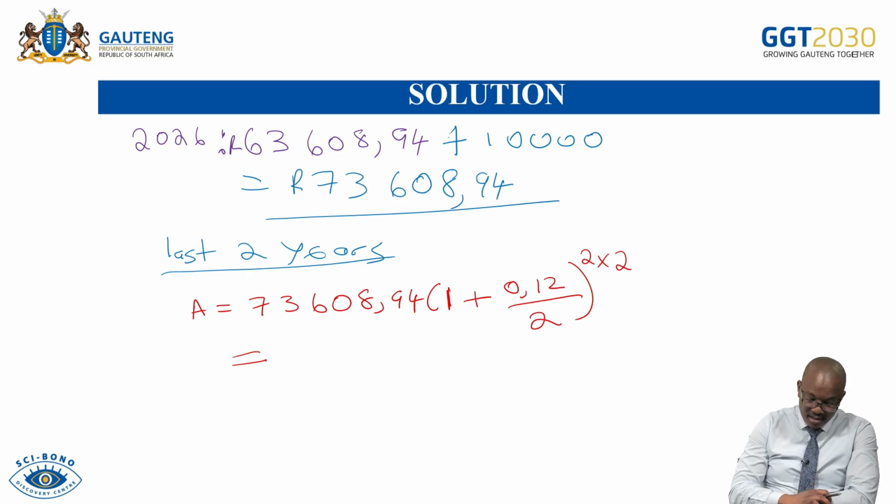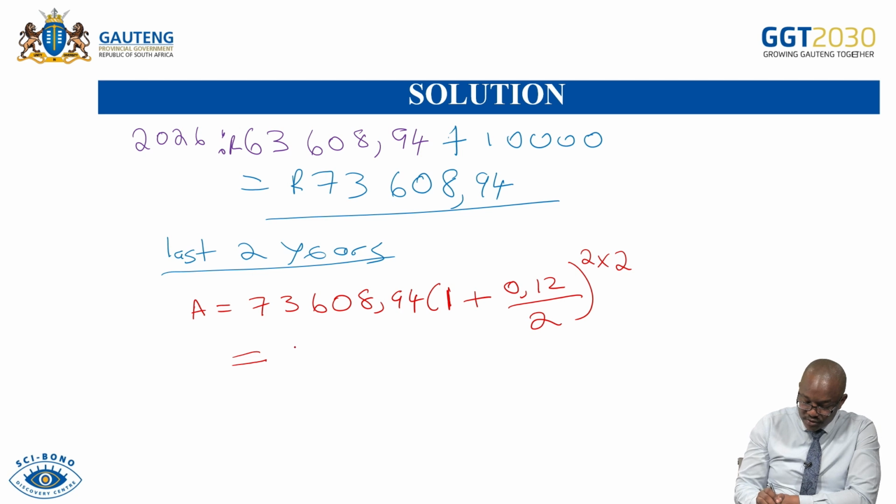So now, we punch that in our calculator. It's 73,608.94 into 1 plus 0.12 divided by 2, then all to the power of 2 multiplied by 2.